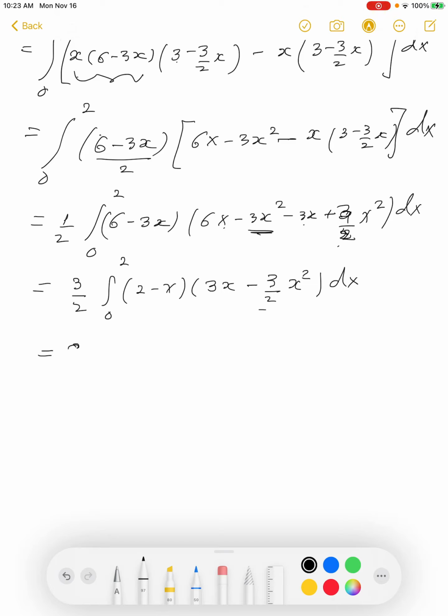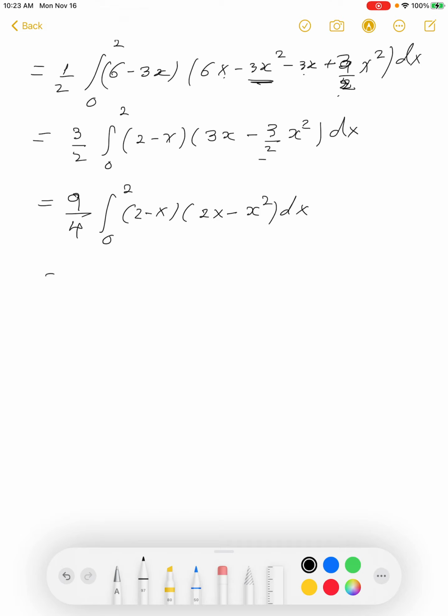So that will give me 9 by 4 integral 0 to 2 of 2 minus x times 2x minus x squared, because I have taken 3 out and then I make the denominator the same, so I get 2x minus x squared. So this is 9 by 4, 0 to 2, and then let's just multiply. You get 4x minus 2x squared minus 2x squared plus x cubed.